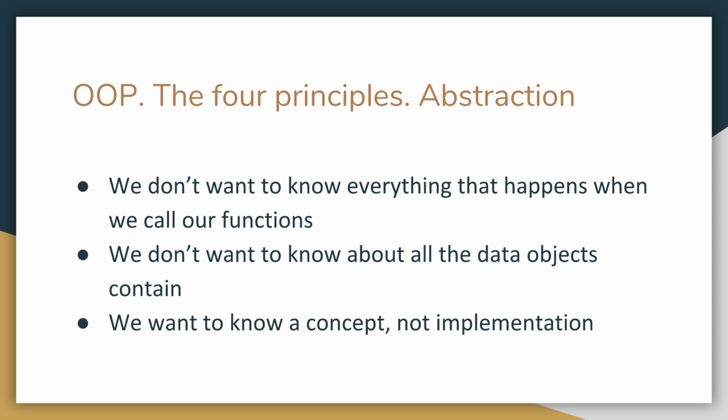We don't know all the details, and we don't have to, as long as we understand the concept of how a class, a method, and properties inside it are supposed to be used. So having just enough info about a class is called abstraction, and it's a very useful principle in OOP.